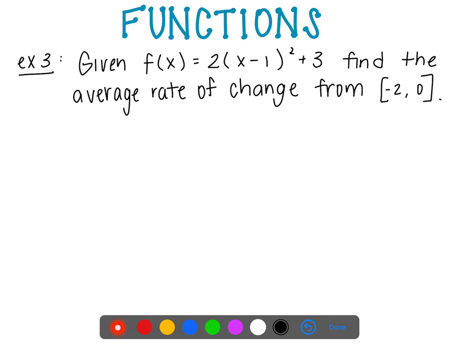So if I gave you the function f of x equals the quantity of x minus 1 squared plus 3, and said find the average rate of change from -2 to 0. So I'm still asking the same thing, but instead of giving you a graph or giving you a table to pick your values out of, I'm giving you an equation.